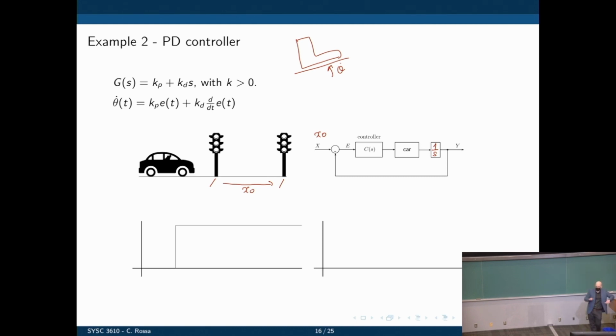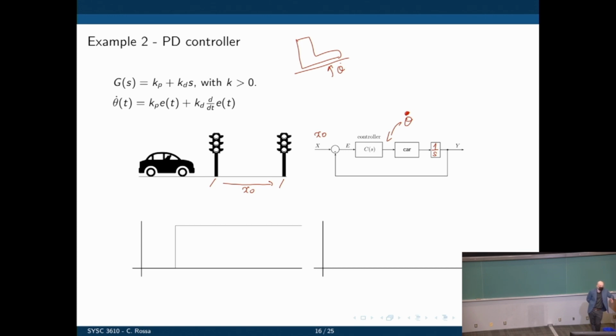We are pressing on the throttle, and the speed of the throttle, not the position, is proportional to the error, proportional to how far we are from the traffic light. You already see a problem with this, right? Because we are pressing on the gas pedal based on how far we are, and we only stop moving the gas pedal once we reach the traffic light.